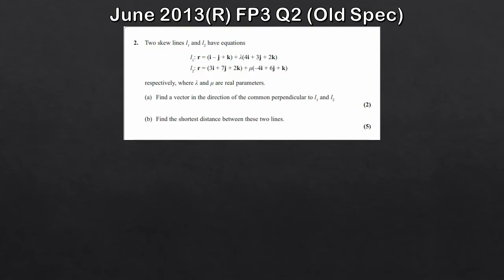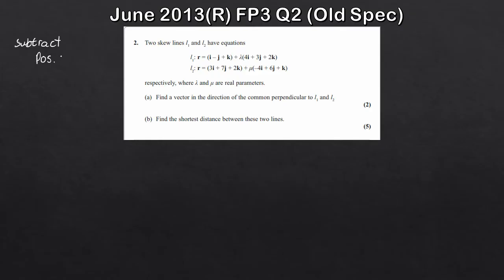So what I'm going to have to do first is subtract the position vectors, dot that with my n, and then divide it by the length of my n. So let's just write this down.